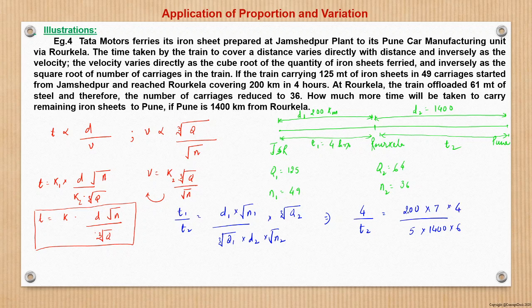So here 200 into 7 is 1400, right? And this 4 gets cancelled with this 4. So T2 from here is what? 6 fives are 30, right? 30. So basically the train takes 30 hours to reach Pune from Rourkela.